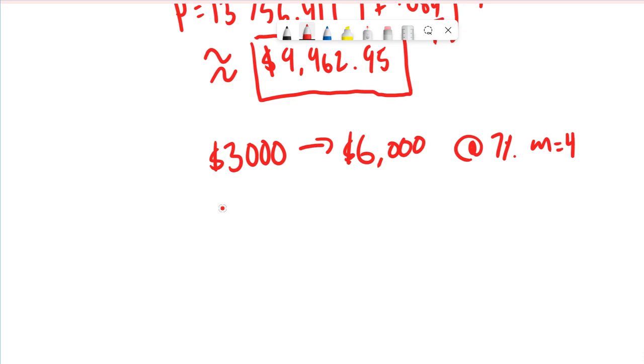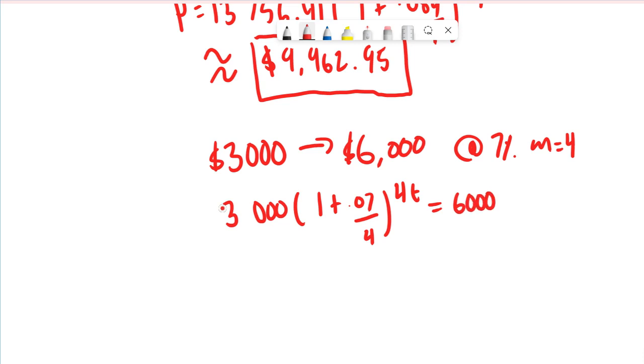What this means is that the $3,000 needs to be multiplied by 1 plus 0.07 divided by 4, raised to the 4t, equals 6,000. Now, notice that if you divide both sides by 3,000, you end up with 1 plus 0.074 raised to the 4t equals 2.